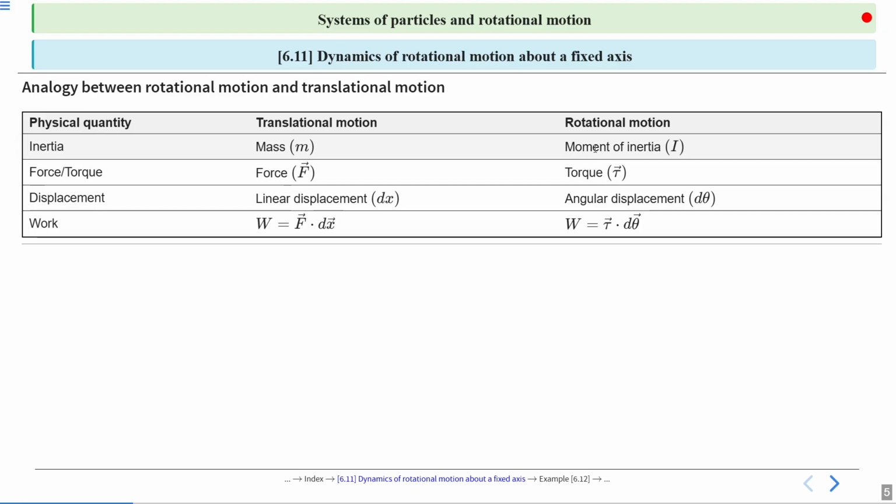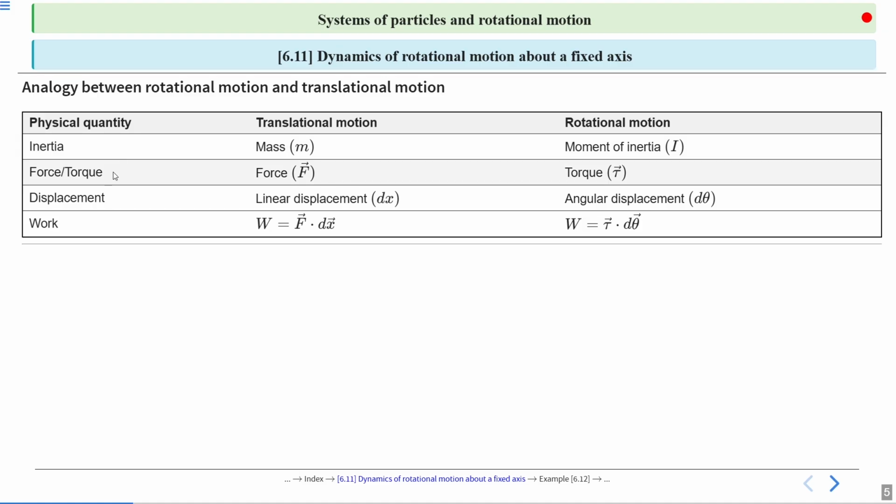Whereas in rotational motion, inertia is represented by moment of inertia I. It tells us how much a body resists change in its rotational motion. Just like mass resists acceleration in a straight line, moment of inertia resists angular acceleration.